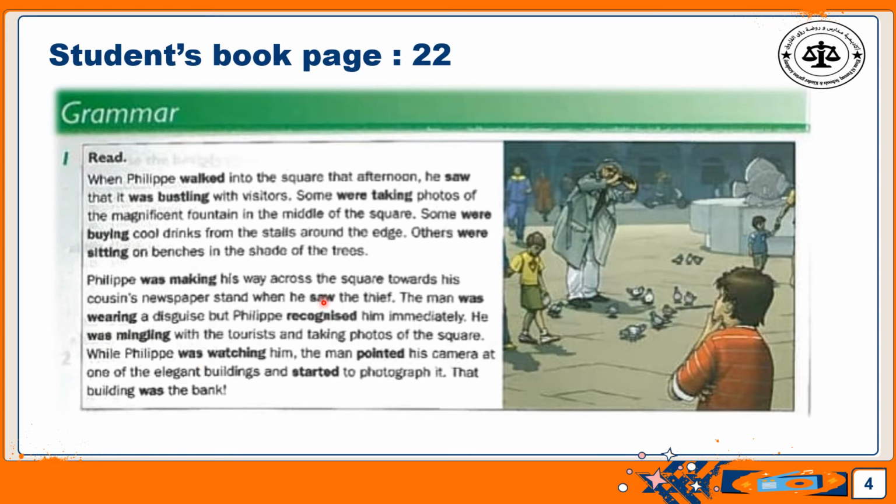And don't forget that the verb saw, or see, is a stative verb. Excellent. Stative verbs do not accept continuity. We can't say he was seeing. We say he saw. Okay? Don't forget that. Now let's start answering the questions.